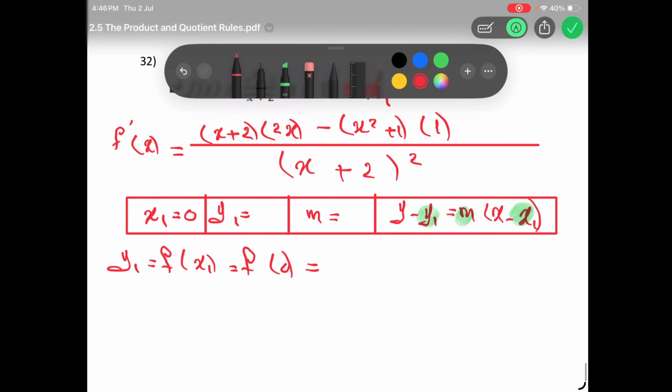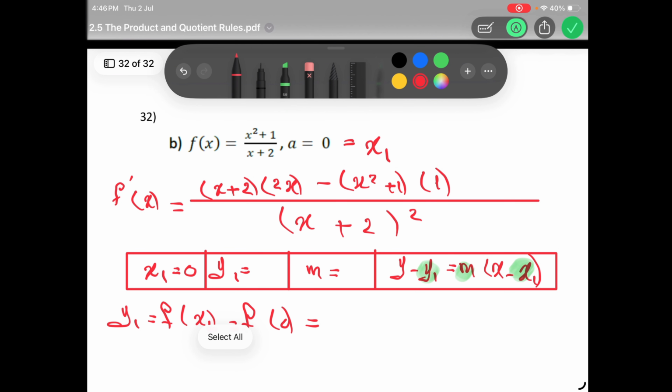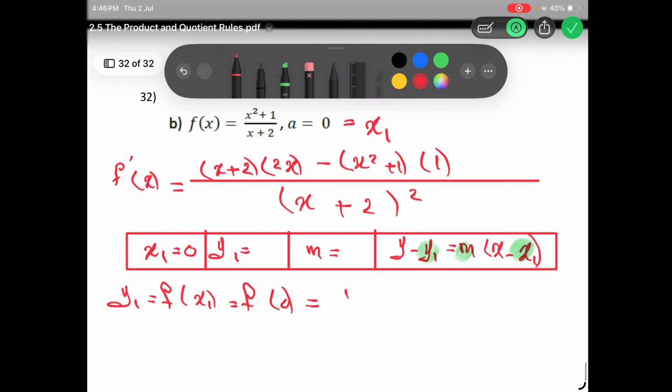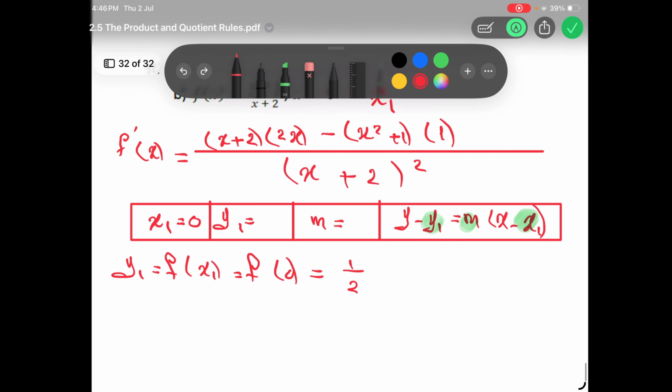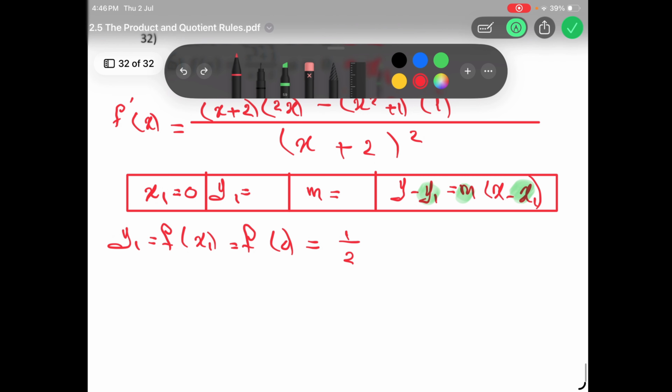And if you replace 0 in f, you will end up with 1/2. This is f. You can try this by calculator. Just replace 0 here, you will have this value. So this is y1.